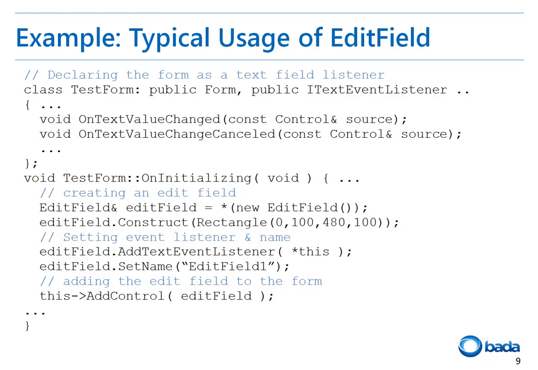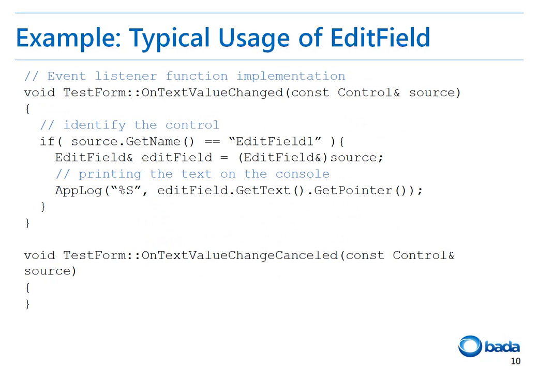The event listener is added to the edit field and it is given a name. Then, the edit field is added to the form. In the onTextValueChanged function of the event listener, the name of the input source control is checked, and if the name is the same, the text is retrieved from the source and is printed on the log. As before, the onTextValueChangeCanceled function has been implemented as a dummy function.